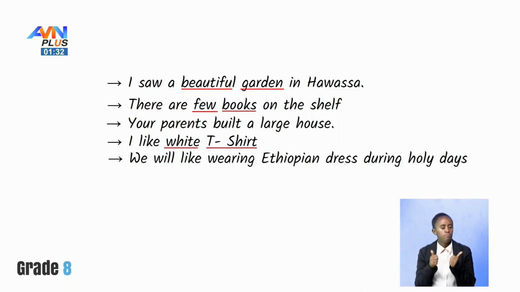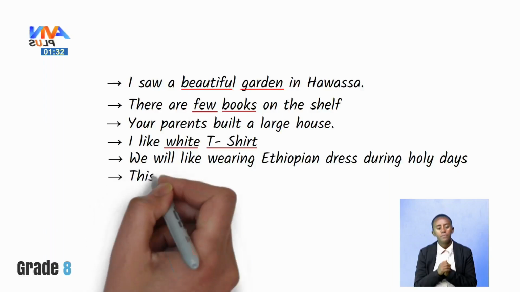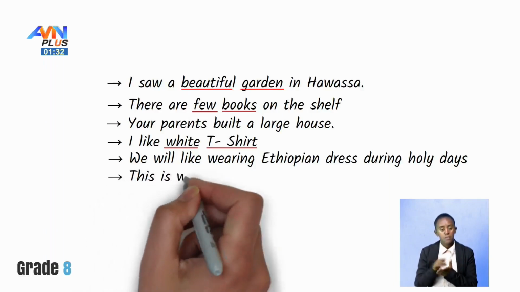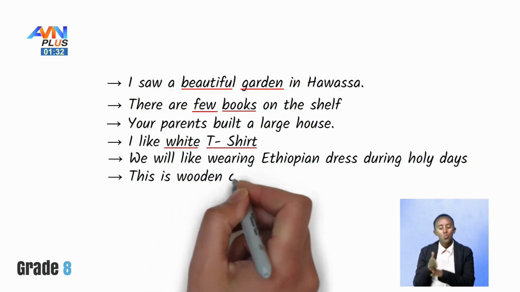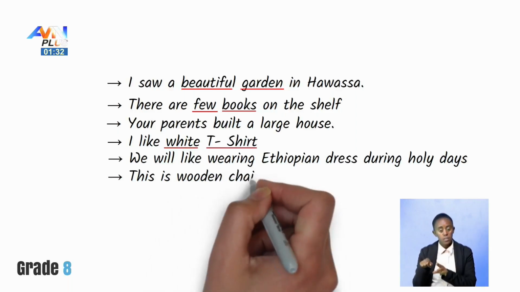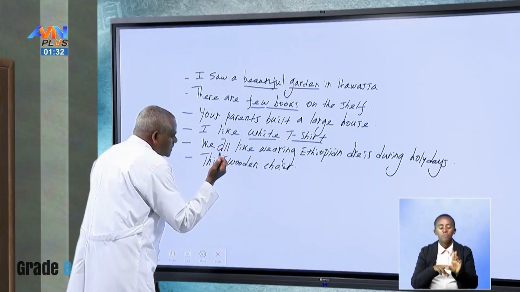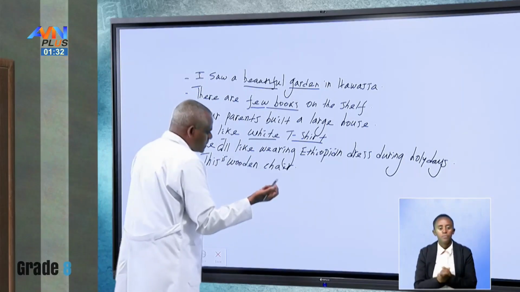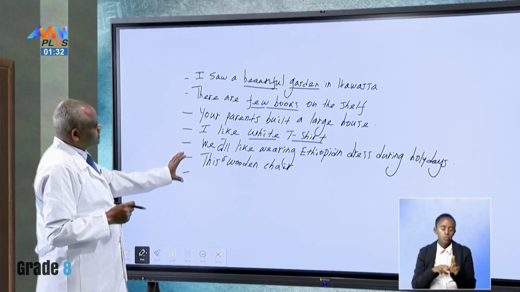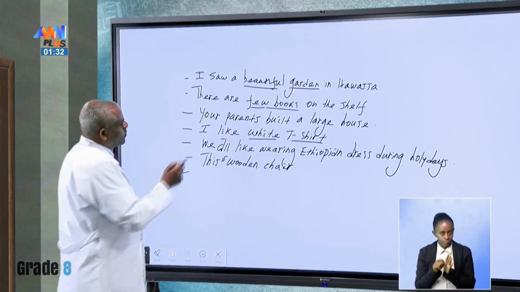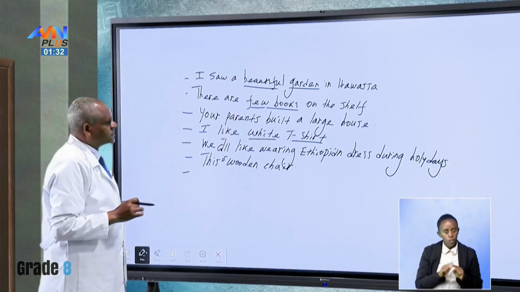Good. This is wooden chair. Right. This is metallic chair. These are some of the sample examples, right? How we are able to use the adjectives in different contexts.